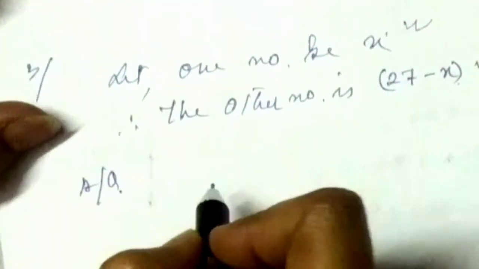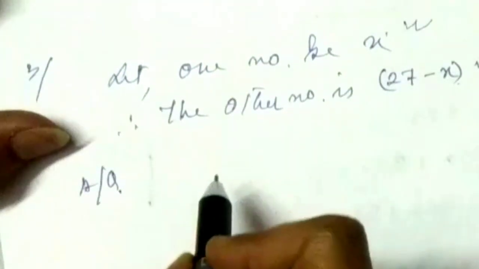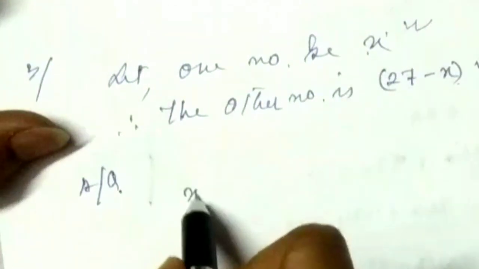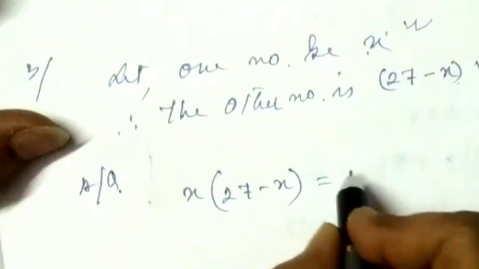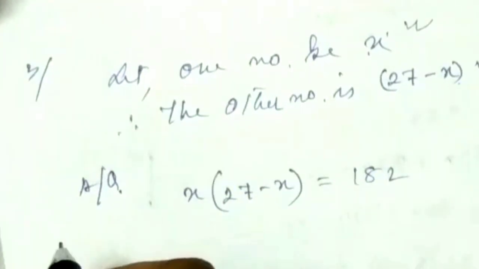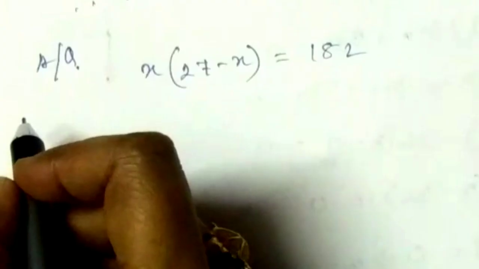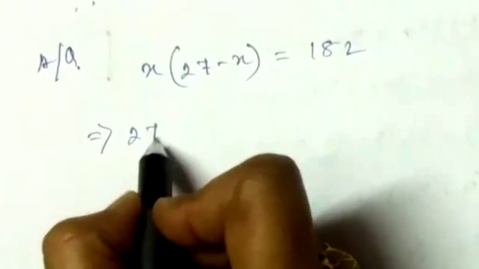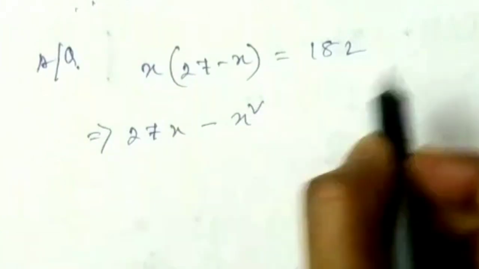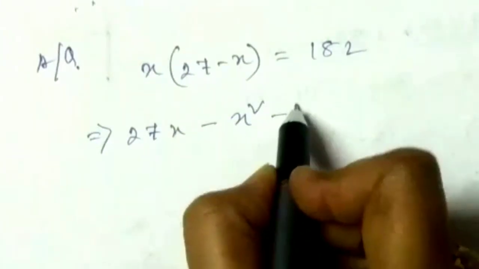According to the question, the product is 182. So we need to multiply. It is 182. 27x minus x square, 182 is shifted here.